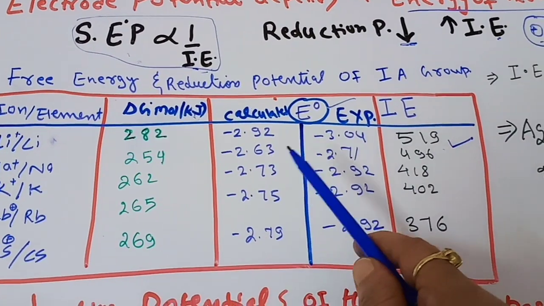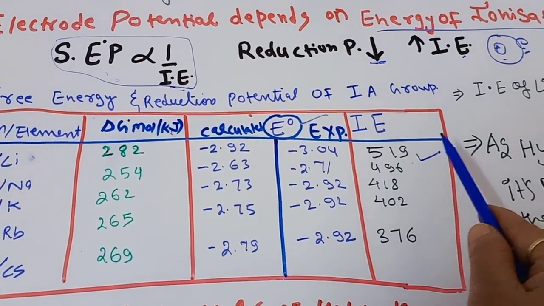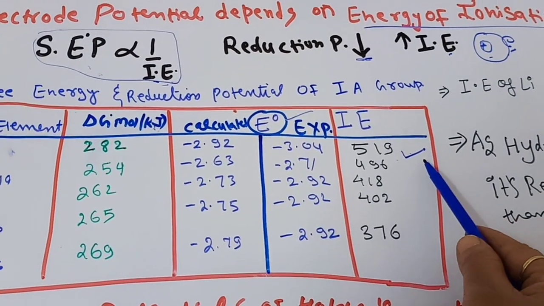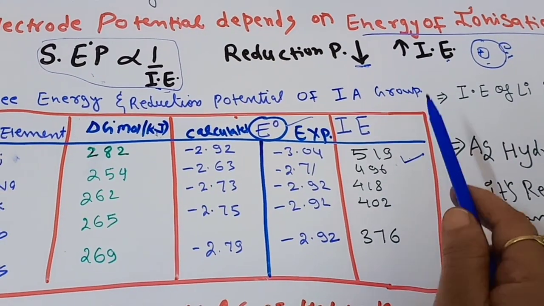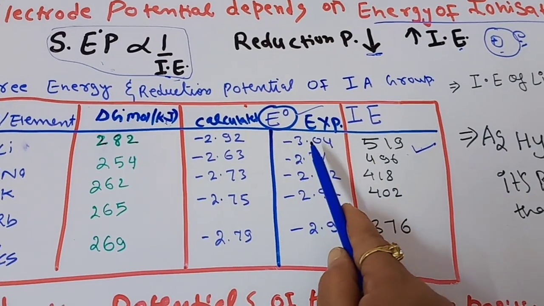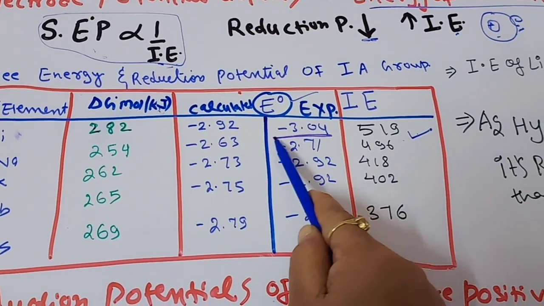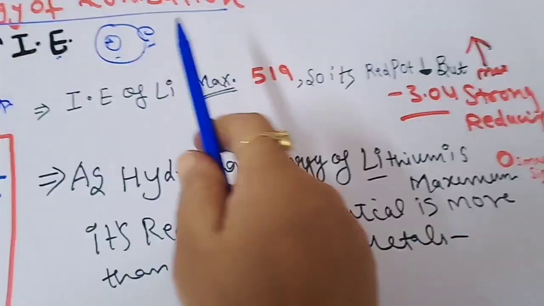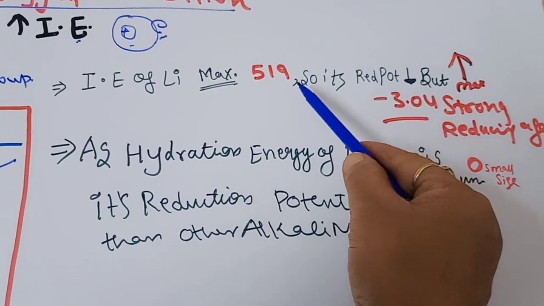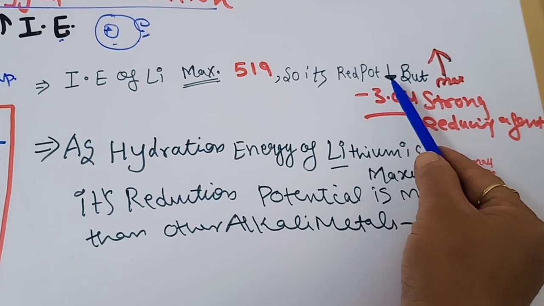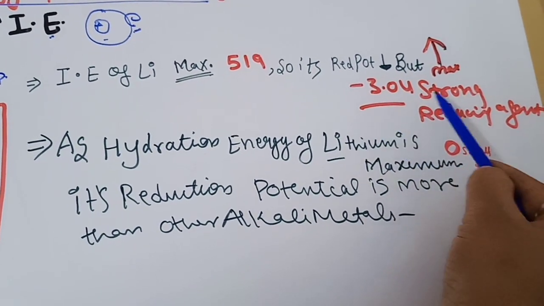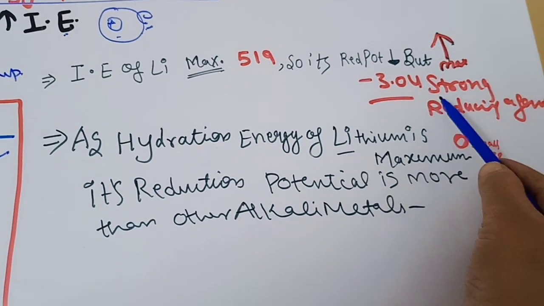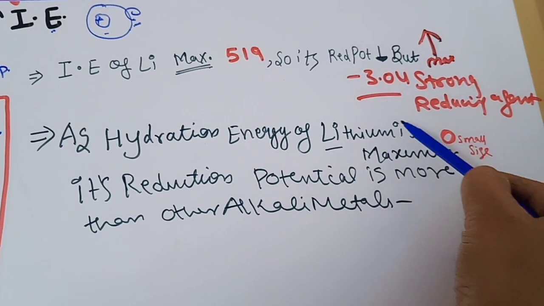But in this table, what we see is that the ionization energy of lithium is maximum, and its reduction potential value is also -3.04. So how is it possible? Its ionization energy is maximum, that is 519, so its reduction potential should be minimum, but we found it to be very high, -3.04, and it is also acting as the strongest reducing agent. But how can we explain this?